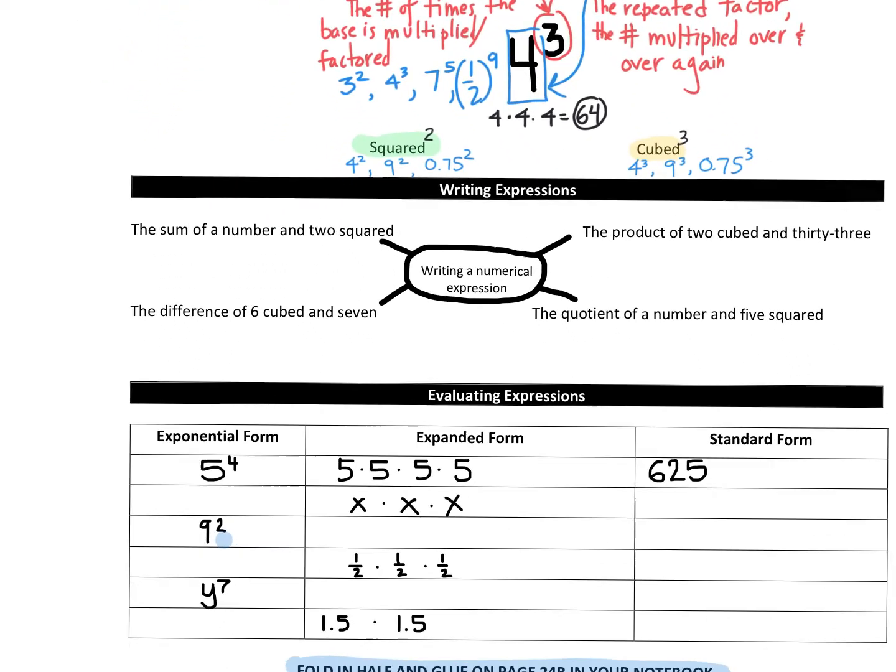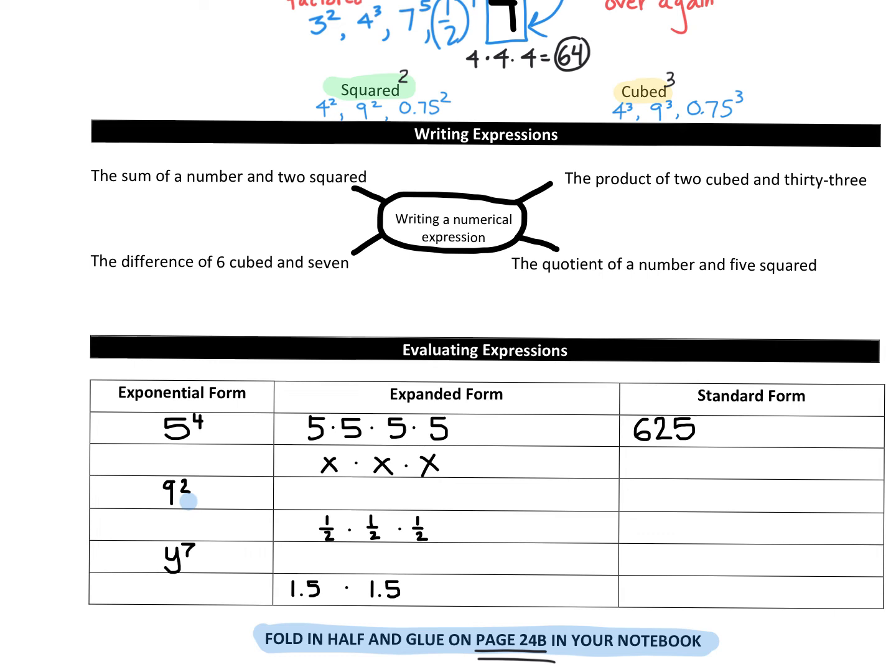All right, let's move on to our next success criteria, and that's writing expressions. So how do we do that? Get your highlighter. All right, here we go. The sum, that's important, of a number and 2 squared. Okay, so there's 3 things we have to write. First of all, I know that sum means addition, so I'm going to put a plus sign here.